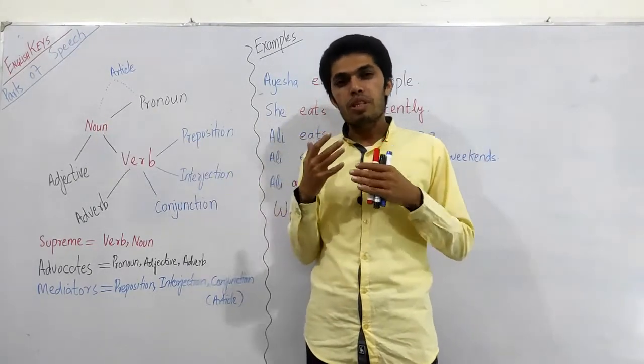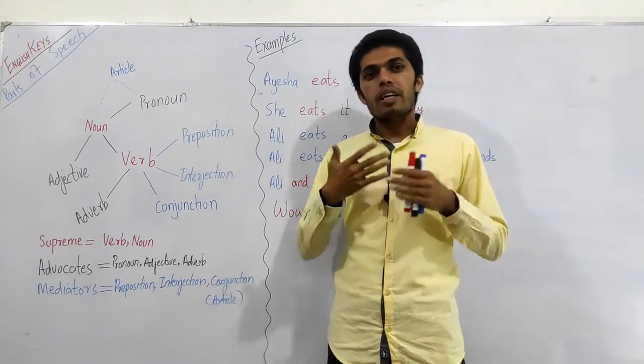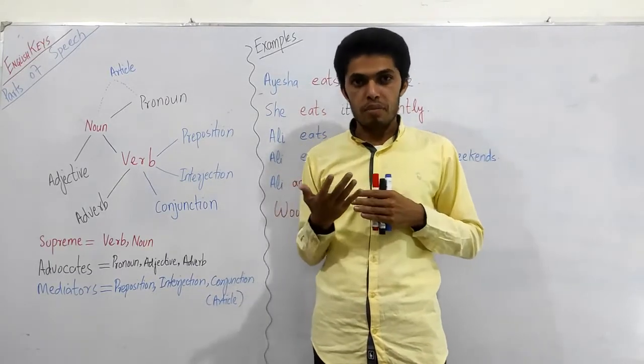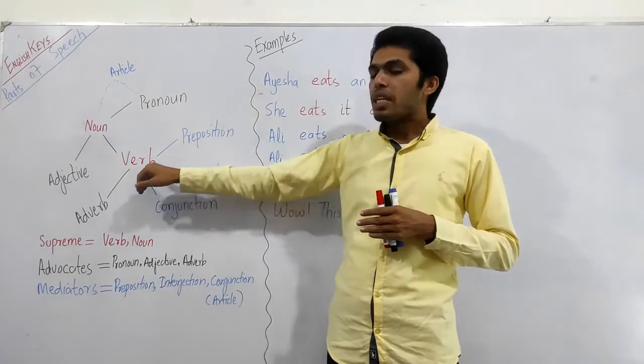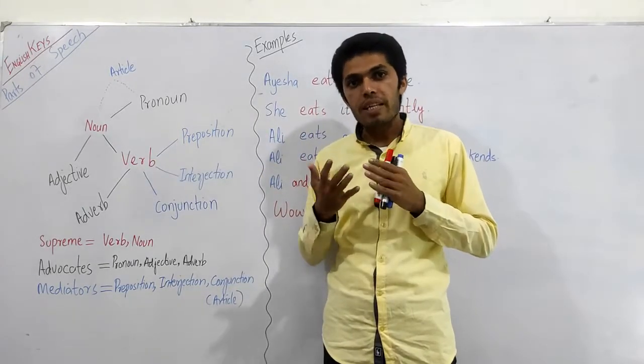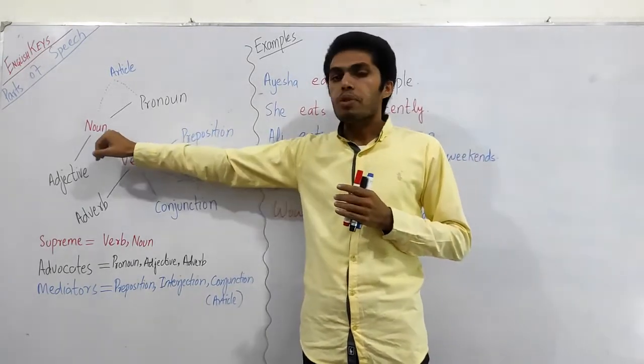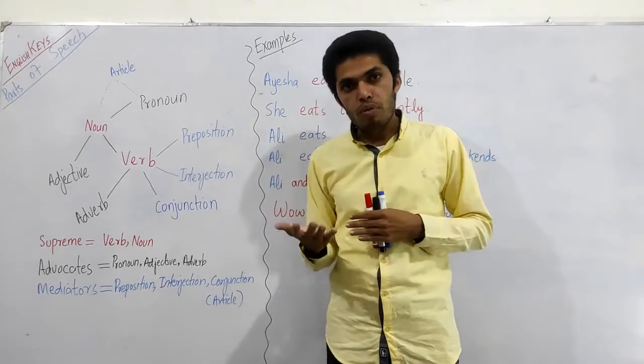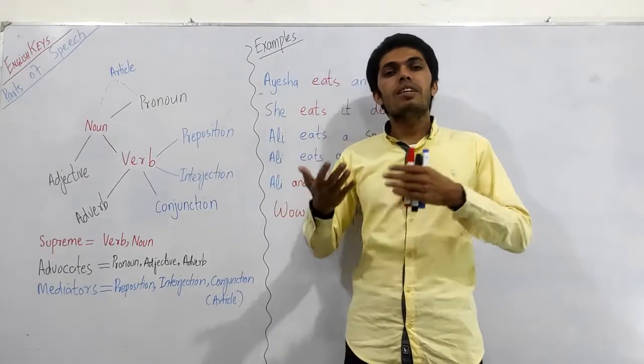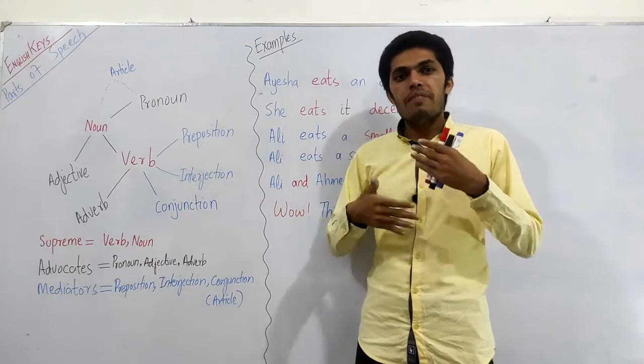The noun is actually the person who is performing that verb, that action. Verb means the action that is taking place, and the noun is the person who is performing that action or receiving that action.